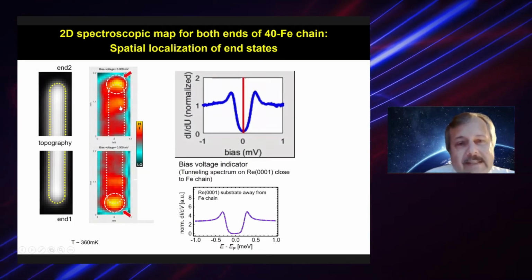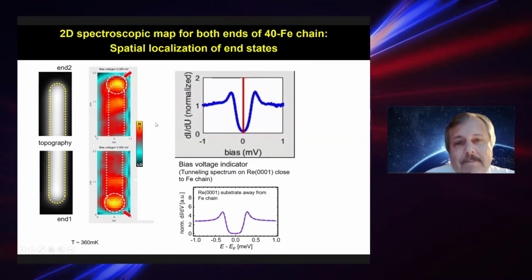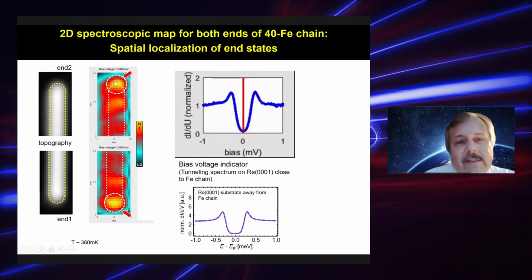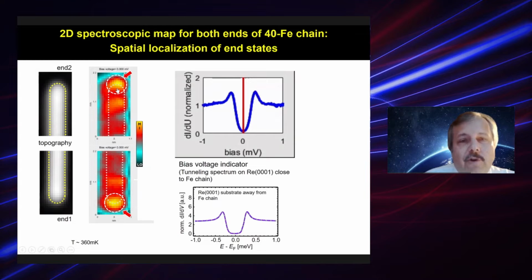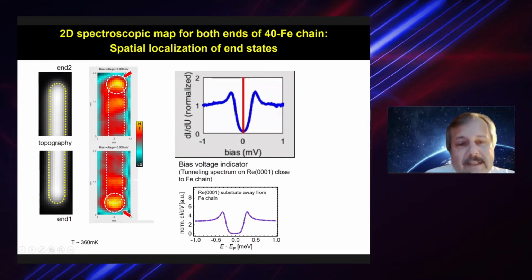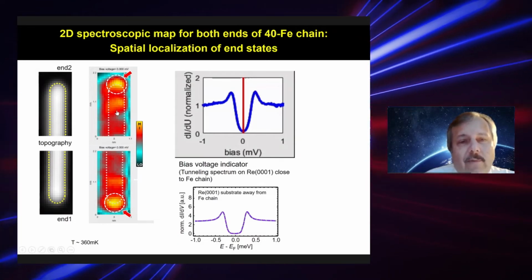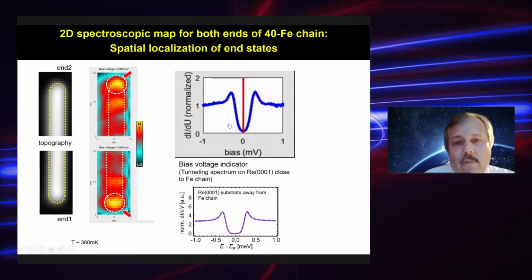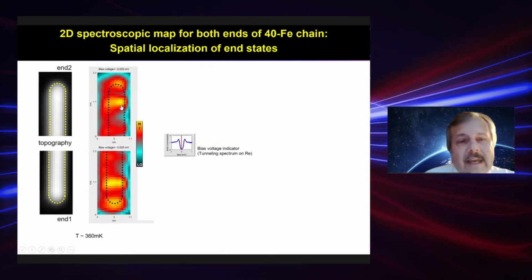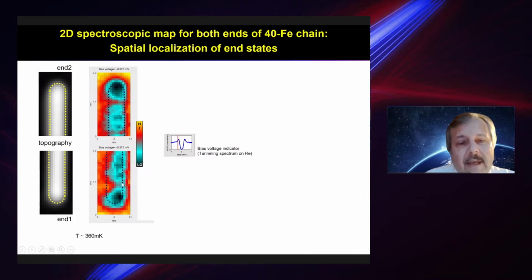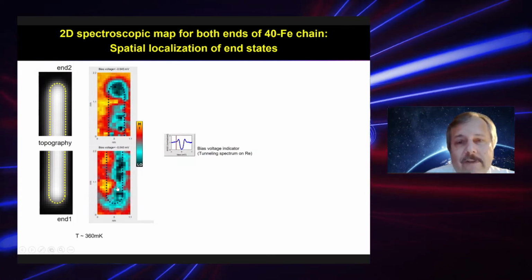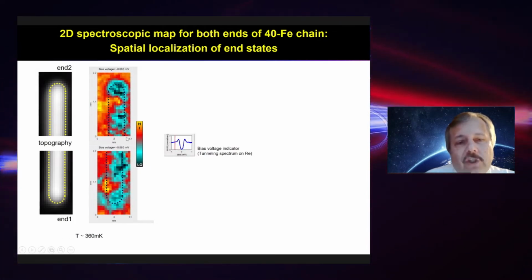We see states here inside the chain, but in particular at zero energy, you see a very pronounced spectral weight even leaking into the superconductor. And this is a very pronounced feature right at zero energy. If we go away from zero energy, as you see, then this state right at the end disappears. There was a state here which is actually a van Hove singularity in the one-dimensional Shiba band.